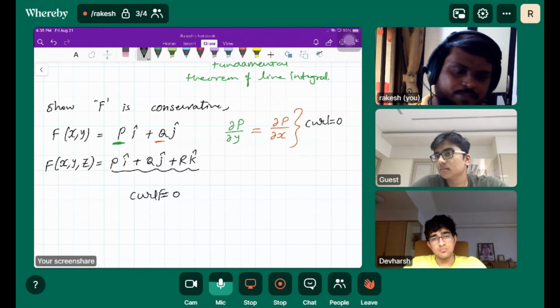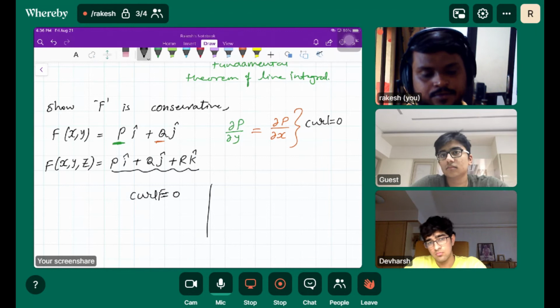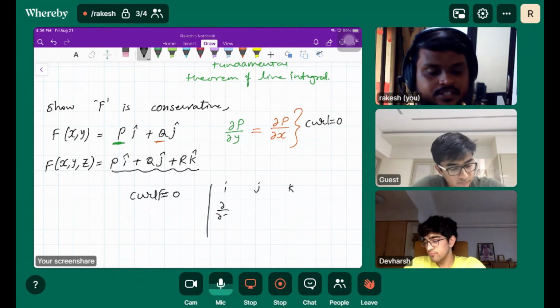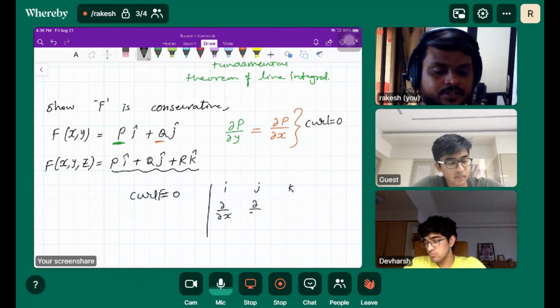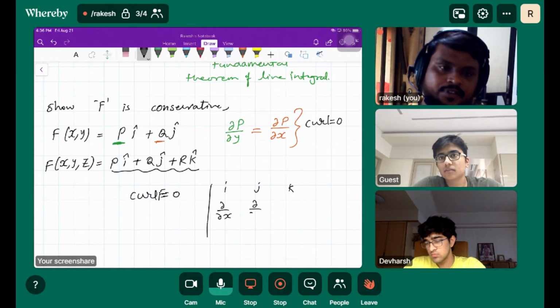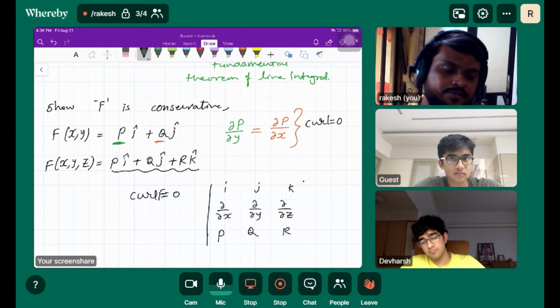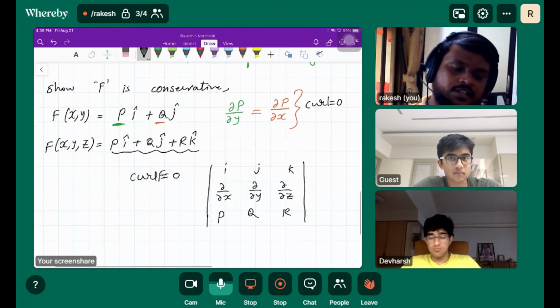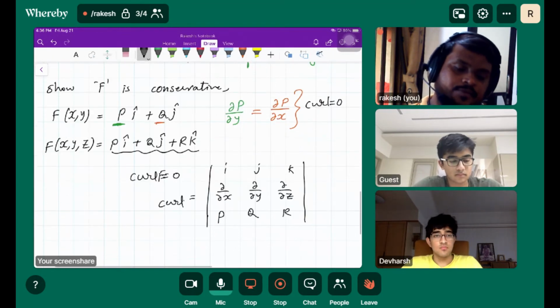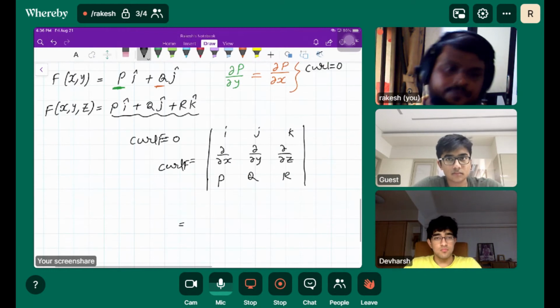So what would be the expression in that case? i j k, del upon del x, del upon del y, del upon del z, and p q r. So this is curl of f.